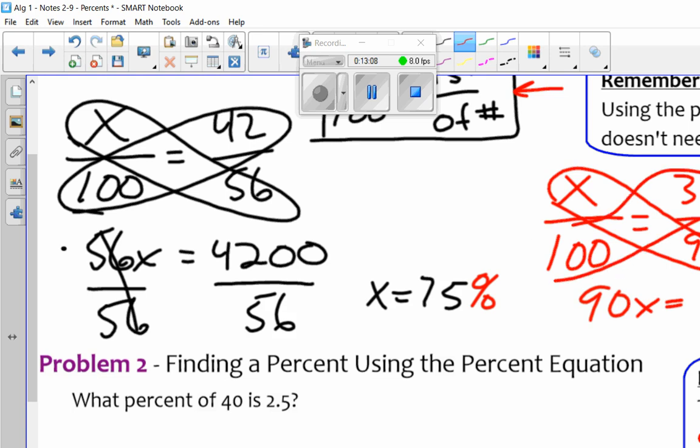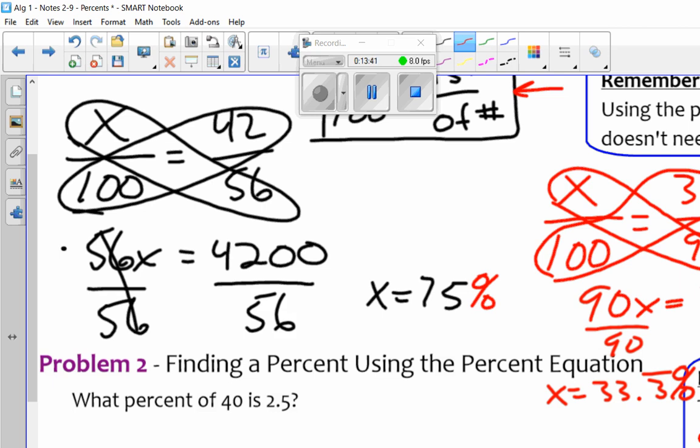Multiply here, I get 3,000. Then I divide both sides by 90 and I get x equals 33.3, and it repeats. But remember, you're finding a percentage, so throw the percent sign on again.